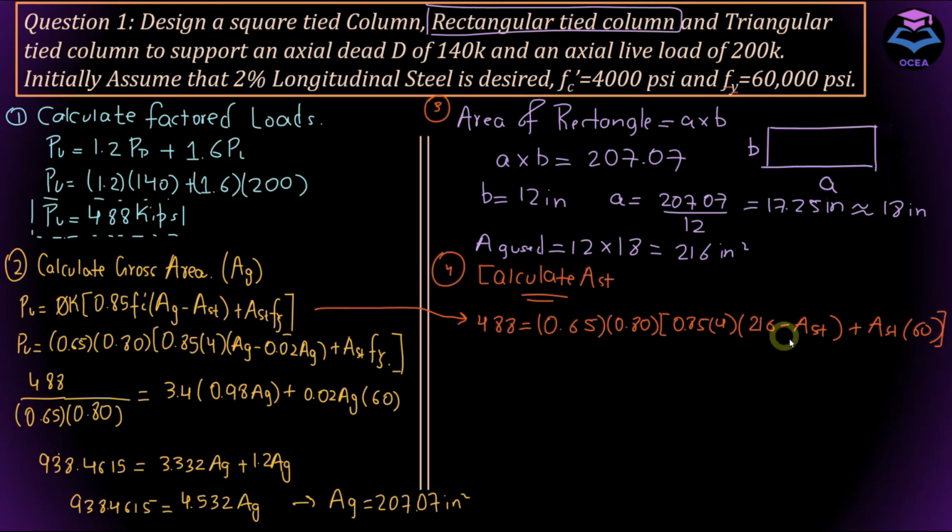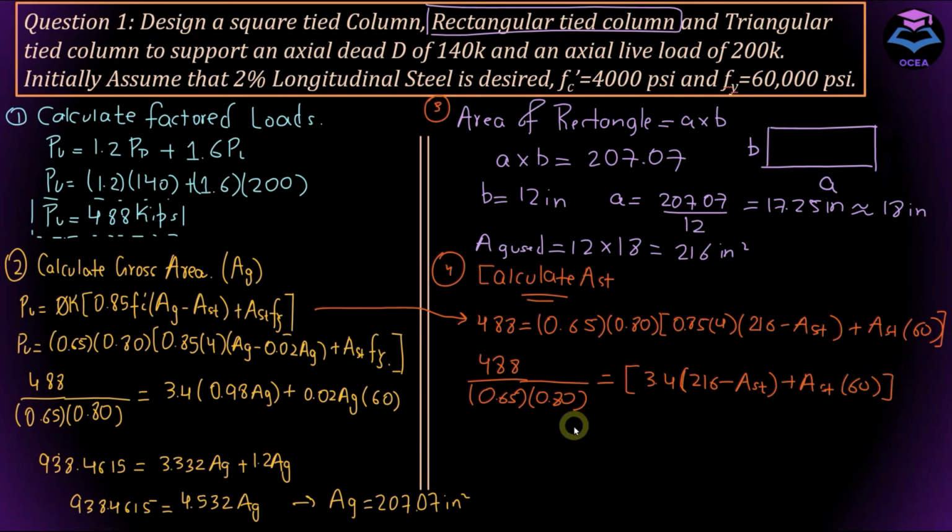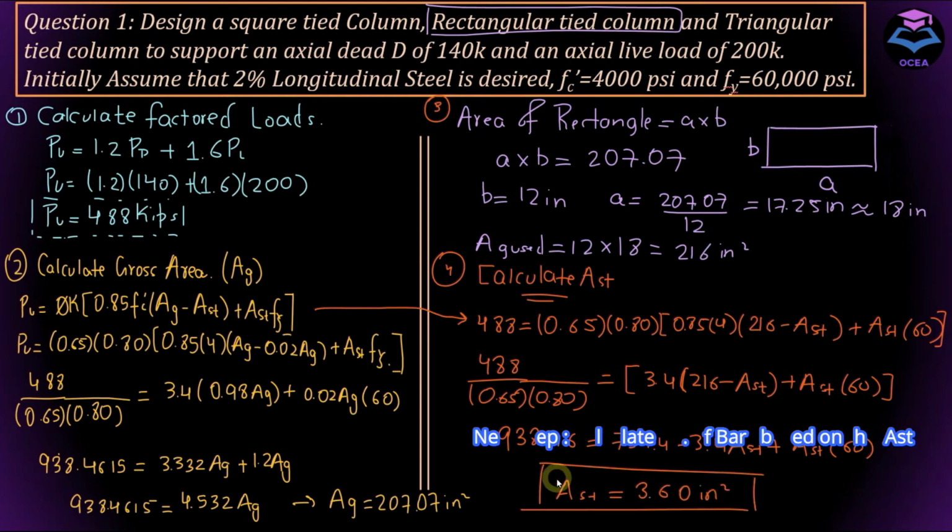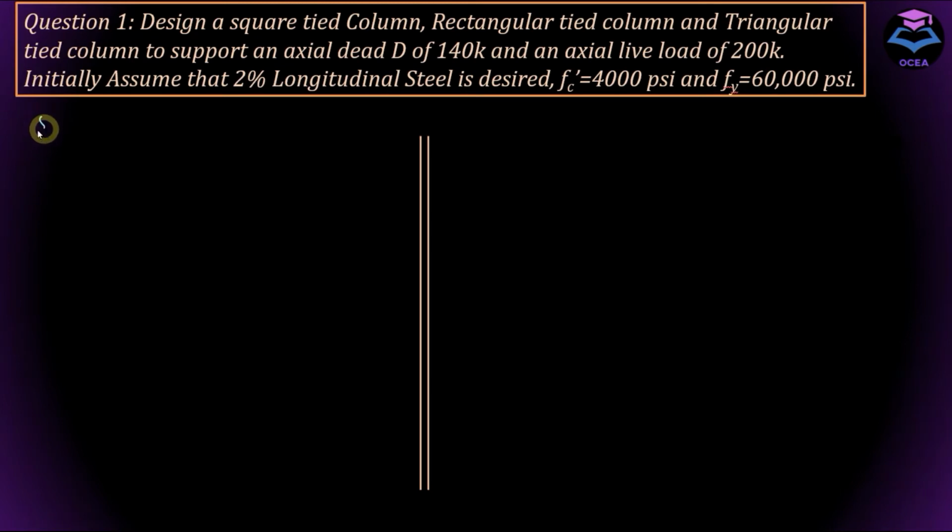Alright, so we have this equation with one unknown AST. We can simplify it and calculate the value of AST from here. And AST from here is equal to 3.60. Now to calculate the number of bars on the basis of that area of steel, number of bars is equal to AST over AB.